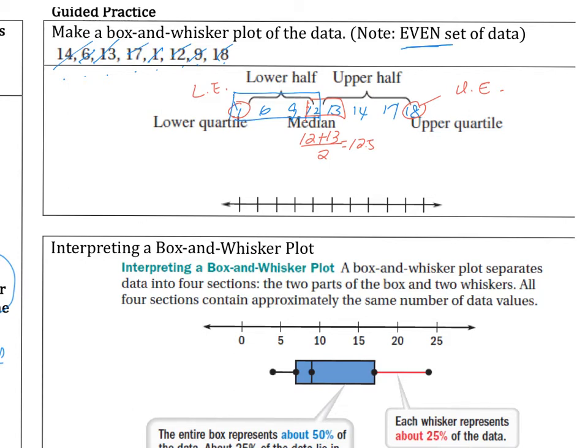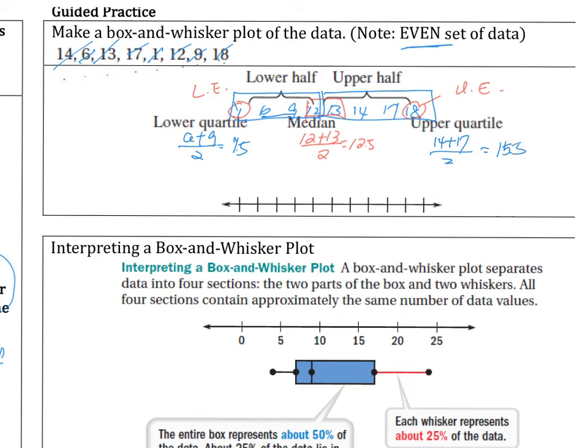So I need to take 6 and 9 and calculate the lower quartile because I have 4 values. So I need to take the average of the middle, and that will be 7.5. And the same goes for the upper half. So that would be 14 plus 17 divided by 2. And that would give me 15.5.